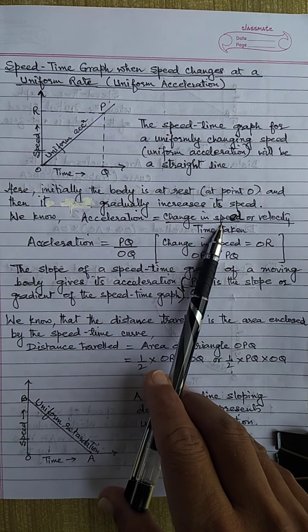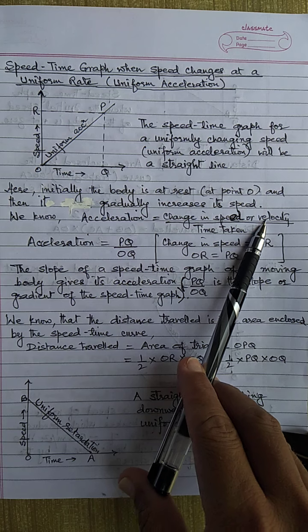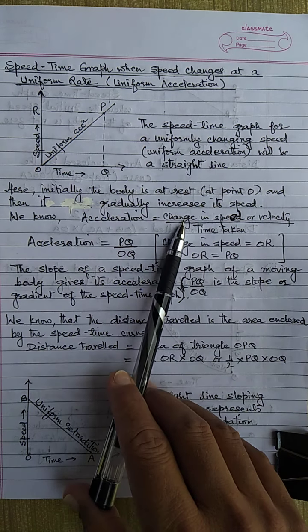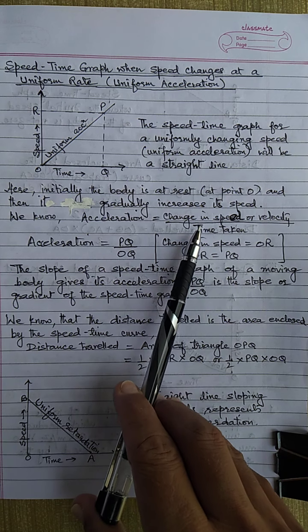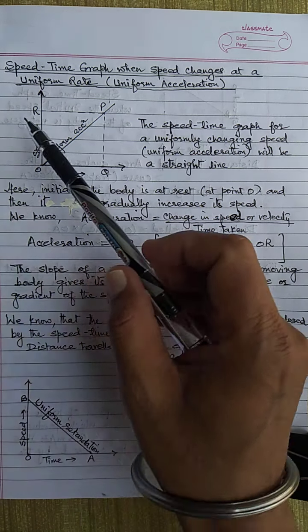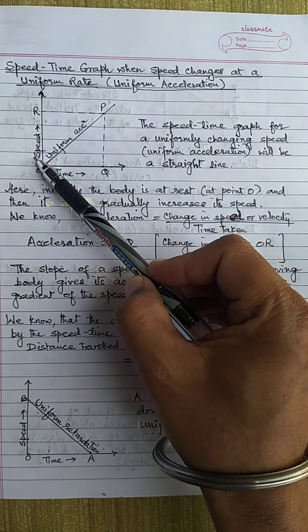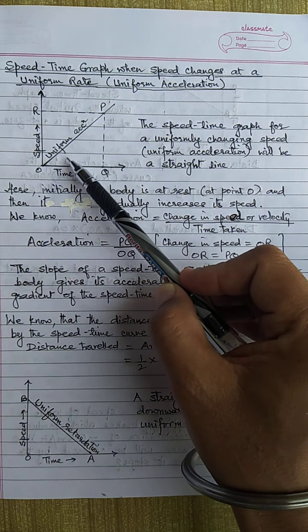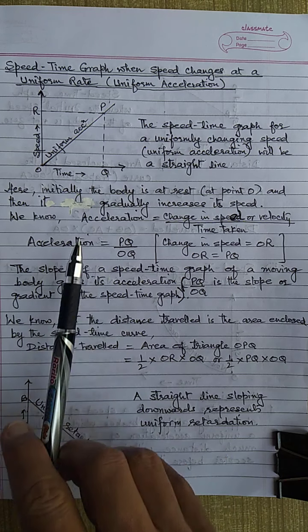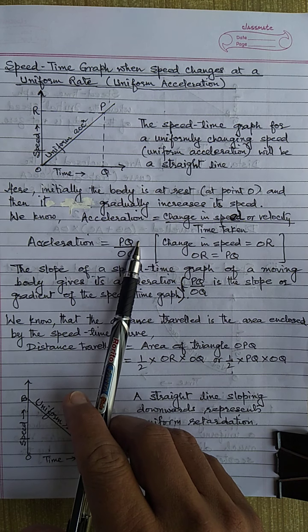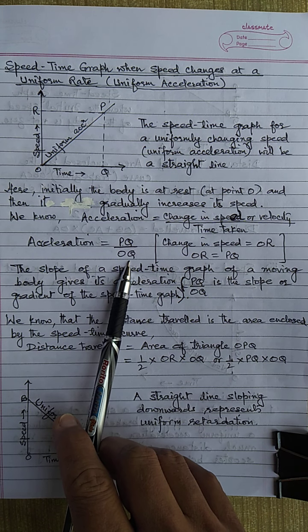Acceleration is equal to, we know, change in speed or velocity, here speed and velocity are the same because the body is moving in a straight line, divided by time taken. Now what is the change in speed? Change in speed is OR. OR is equal to PQ, and the time is OQ. So acceleration is equal to PQ divided by OQ.